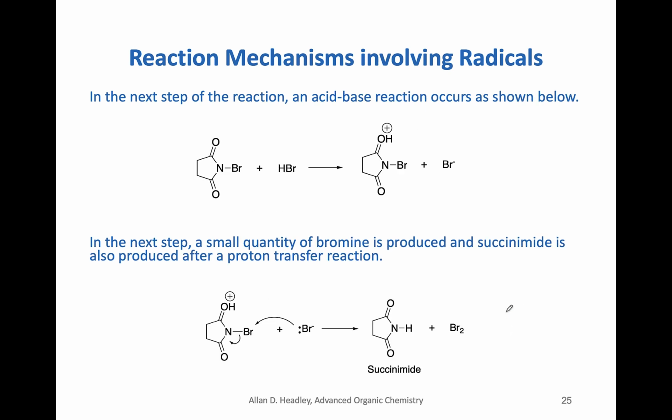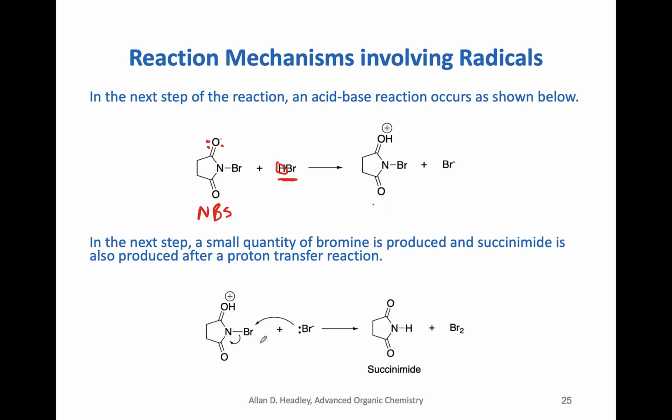In another step, this HBr that was generated reacts with more of the NBS here to form this. It's an acid-base reaction, as you can imagine, acid and base. So we have this. It continues to react here.